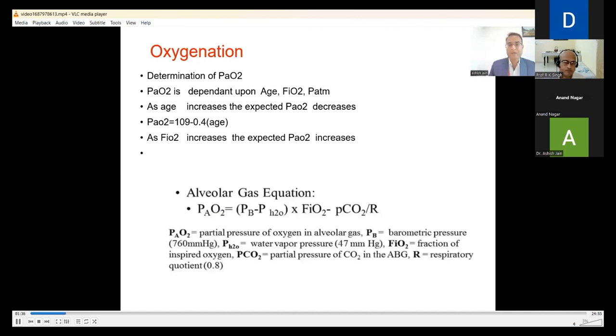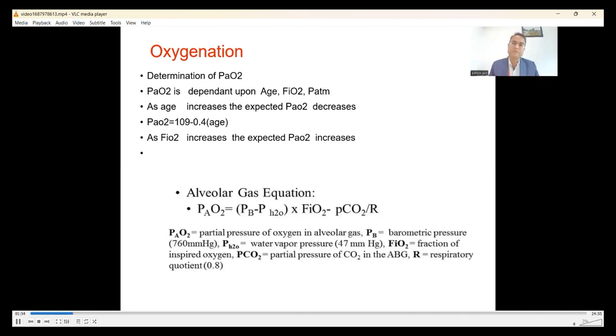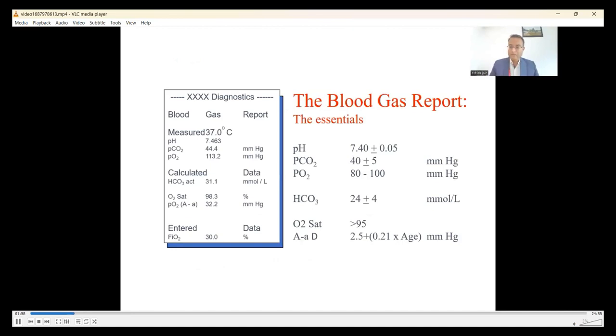The first thing is to identify the level of oxygenation, for which we need to see the PaO2. PaO2 depends upon the age, FiO2 and atmospheric pressure. The normal level of PaO2 is from 60 to 100 mm Hg. We also need to calculate the alveolar-arterial oxygen gradient, which we can utilize to differentiate the various causes of hypoxemia in any patient.